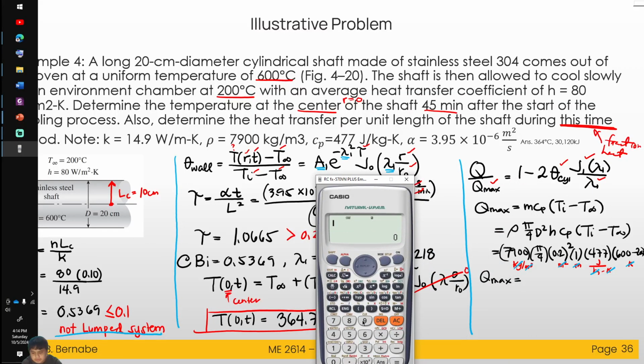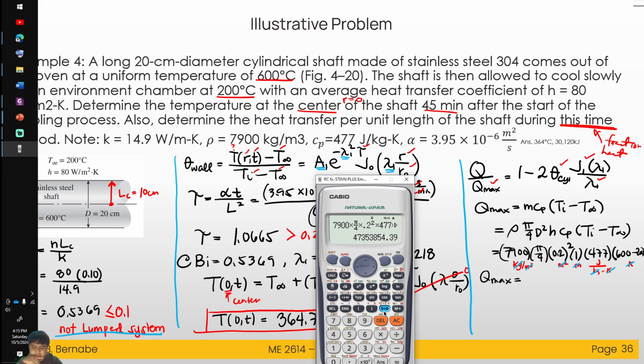So 79 pi over 4 times 0.2 squared, and then 477. Then 600 minus 200 is 400. So it's very large. Why is it very large?